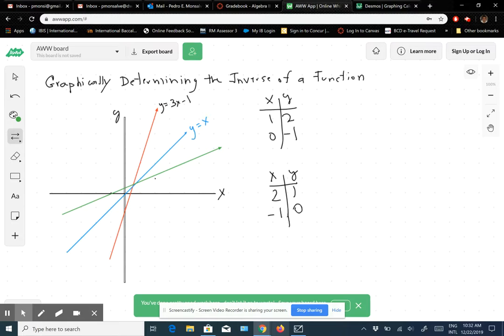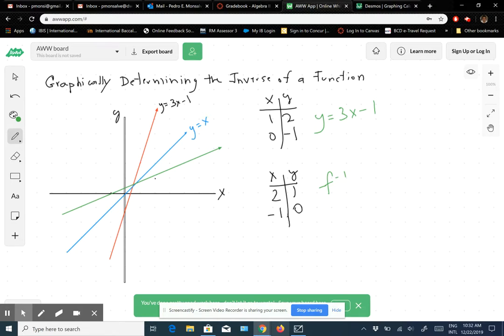If I take every single one of the points of my original function, y equals 3x minus 1, and I do my variable interchange, I will get each and every one of the points of my inverse function right here.